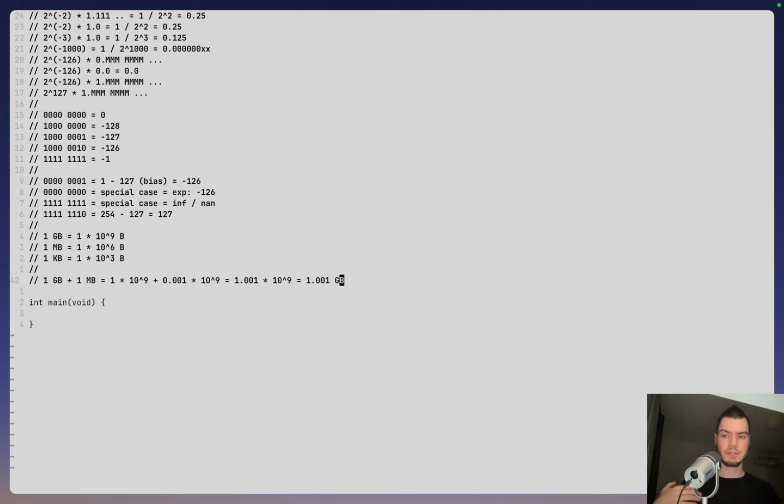You could convert gigabytes into megabytes and then have 1001 megabytes as your result. And you can do the same thing with the result here. Again, the gigabytes is just 10 to the power of 9. You can multiply your 10 to the power of 9 by 10 to the power of minus 3, giving you 10 to the power of 6. Multiply your factor by 10 to the power of 3, giving you 1001, and you would have the number in megabytes.